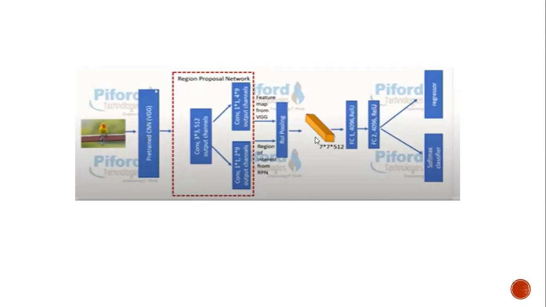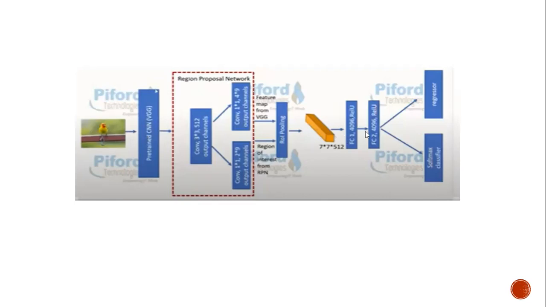The ROI pooling generates feature maps that are all of fixed size and moves them to the max pooling layer. Here the window size is 7 by 7, with 512 channels. Whatever the feature maps are, they all come to the fixed size. ROI pooling generates the fixed size only.